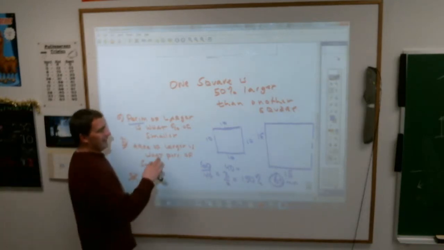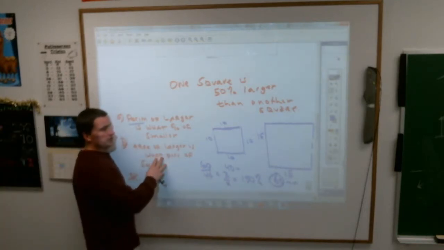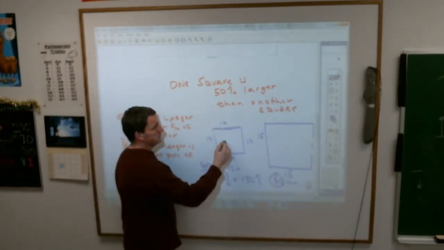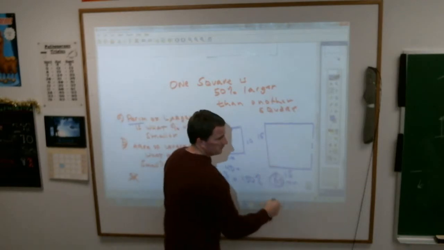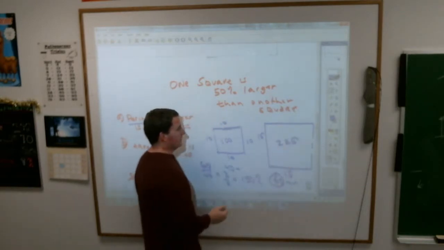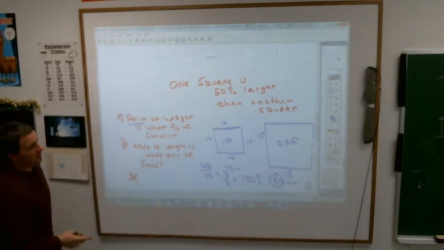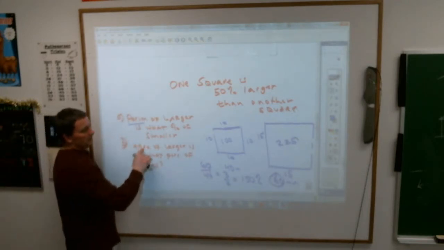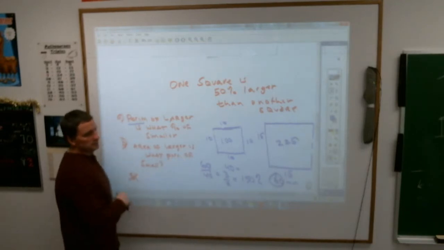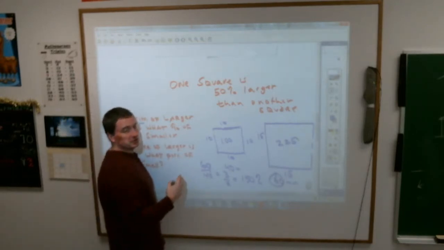Okay. What about area? What's the area of the small one? 100. Area of the big one, 15 times 15, anybody? 225. And the same thing is true with that. The area of the larger is what percent of the smaller one? Again, don't think about percents, think about fraction.